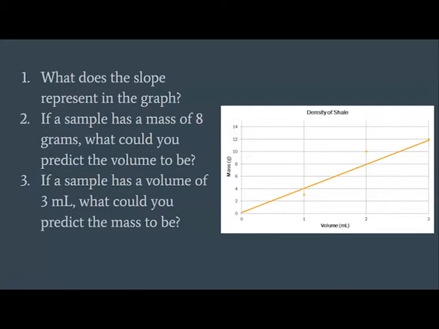Where's 8 grams? Which side am I looking at? Yeah, I'm looking at the y-axis. So if I go to 8 on the y-axis, how can I use this to figure out how many milliliters? Well, I already counted up to 8. I'm going to go over. How do I know when to stop? Whenever you line up with the line.